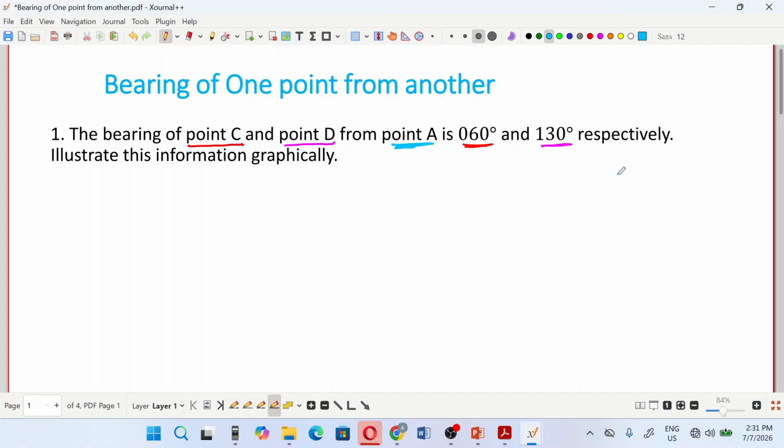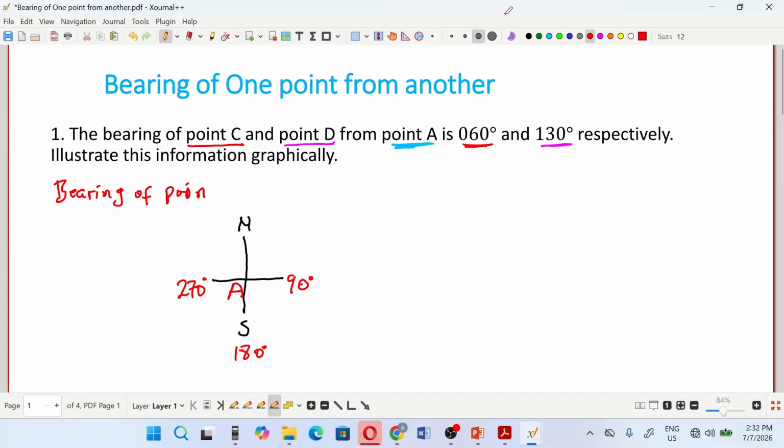So let's see how we're going to represent these graphically, right? So first one, we say the bearing of point C from point A is 60 degrees, right?